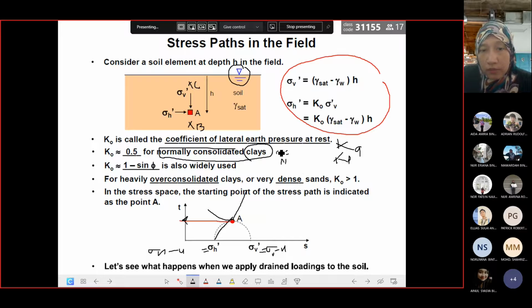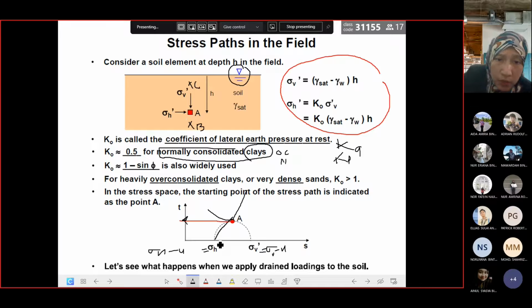So all these types of clay they give you different value of K naught. So please be careful when you are dealing with the soil problems. For example, kalau you ada over consolidated clays dengan very dense sands, so we can take the value more than 1. So how is it present the stress path for this stress conditions of the sample in the field.